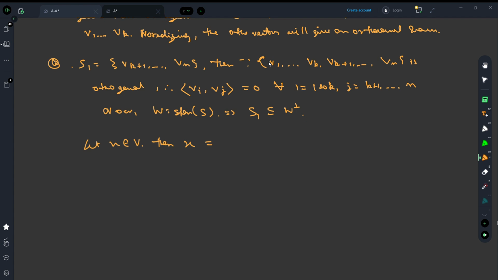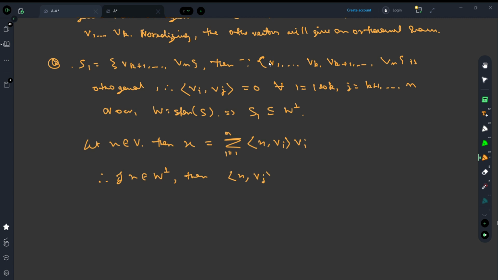Then, if you recall, for an orthogonal basis, X can be represented as a linear combination in this form. The orthogonal basis was the elements V1 till Vn, so i equals 1 to n, the inner product of X with Vi times Vi. This we had covered in the lectures in which we had introduced the concept of orthogonality.